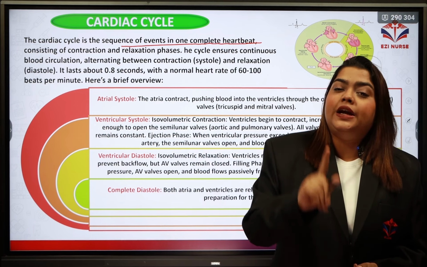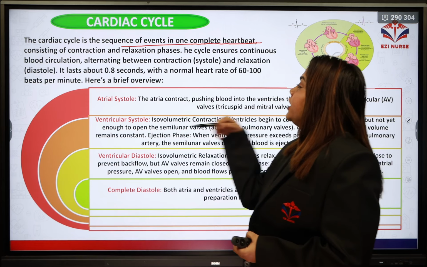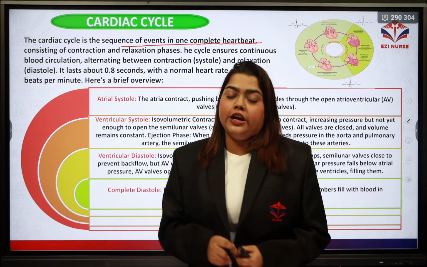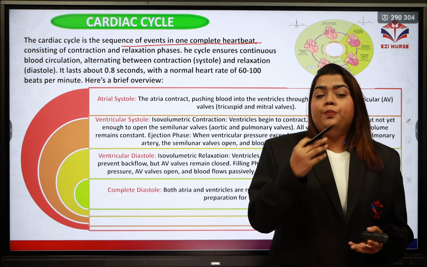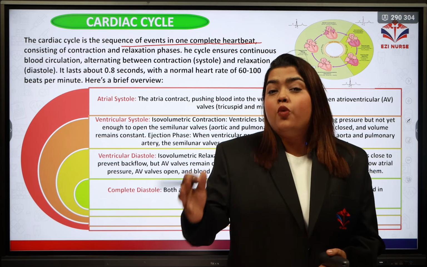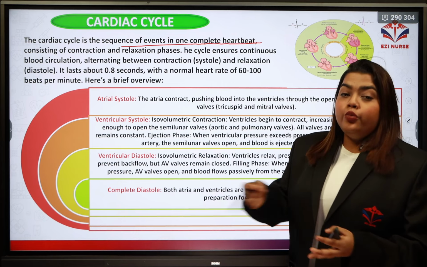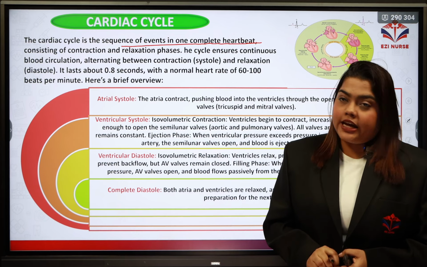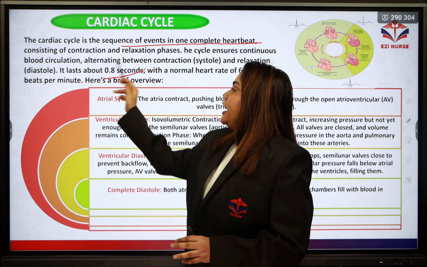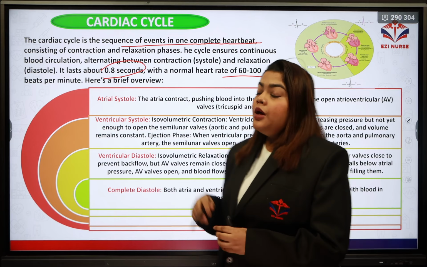So one heartbeat takes 0.8 seconds with a normal heart rate of 60 to 100 beats per minute. If a person's heart rate is between 60 and 100, their time period for one beat will be 0.8 seconds.